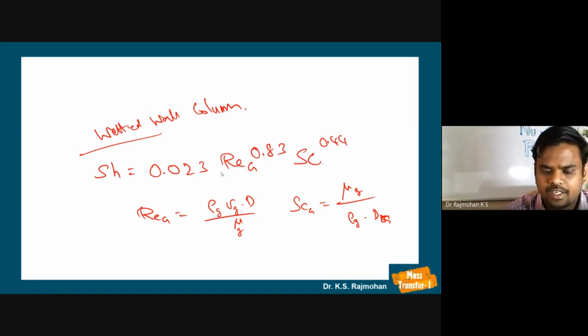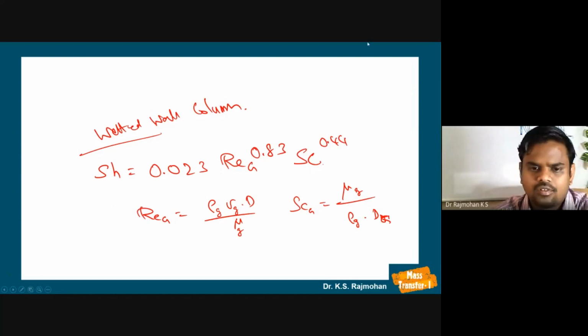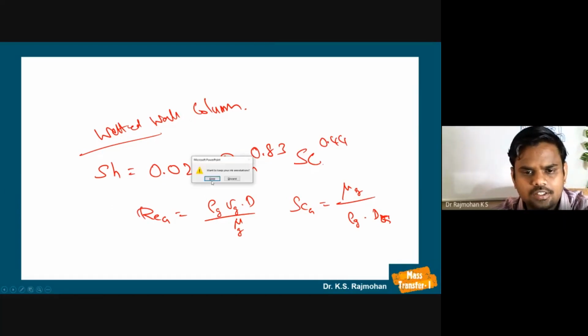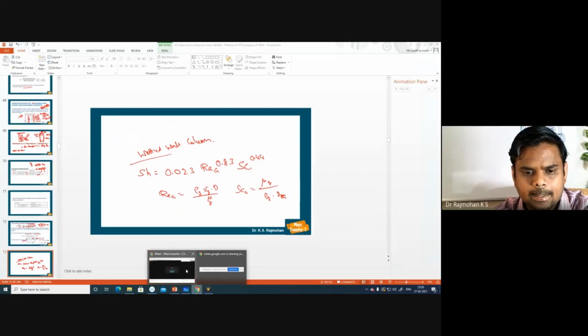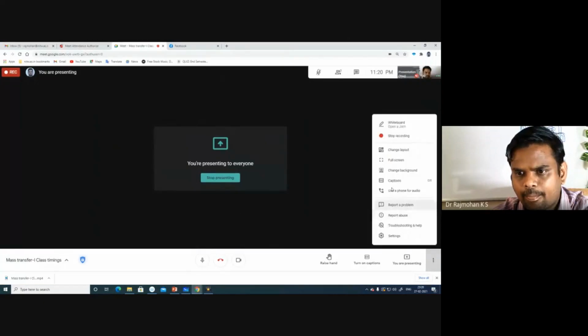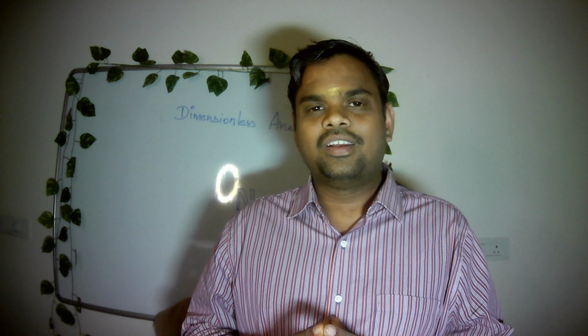Please practice all these concepts which are discussed in this class. In this lecture, we have defined several dimensionless numbers which are relevant to evaluating the mass transfer coefficient.